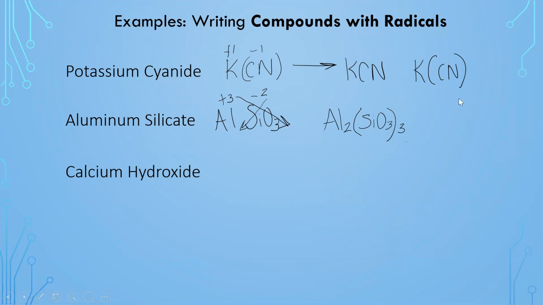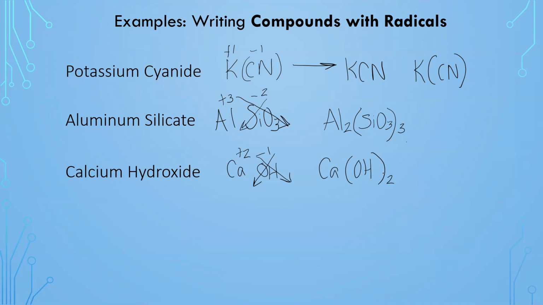Okay, moving on. Calcium hydroxide. Calcium is Ca. The charge is +2. Hydroxide, not hydride, which is H. Hydroxide is OH, and it's a -1. They do not cancel, so I'm going to have to crisscross, except what do I have to do? I have to put OH in parentheses. So the 1 was here, which we don't write, and then the 2 is going to go outside the parentheses.